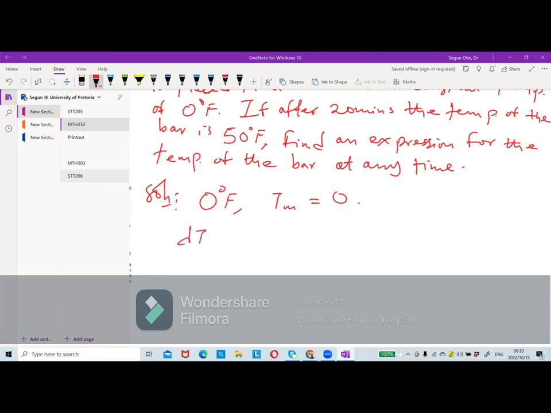Now, the model said dT/dt equals minus k into T minus Tm. And it becomes dT/dt plus kT equals 0.